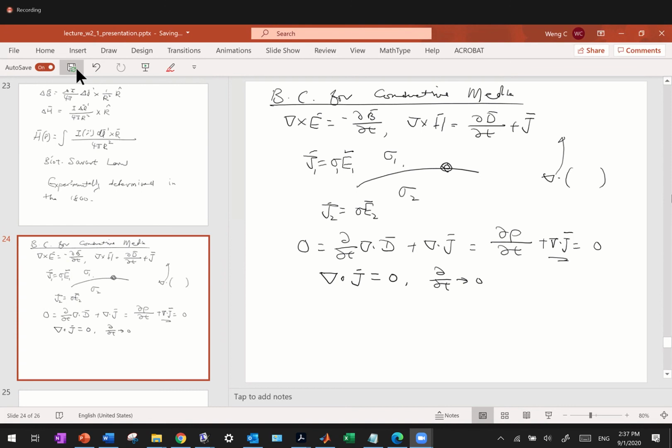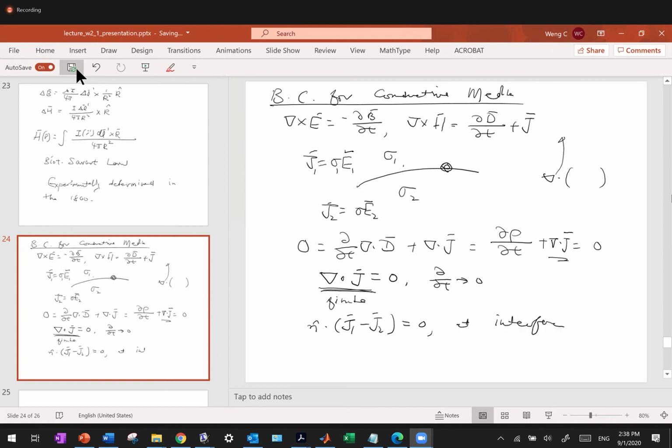Then again, you can use the argument that because you don't have any charges at the interface, this has to be a continuous function. This has to be finite. Because this has to be finite, it implies that n dot J1 minus J2 must be 0 at the interface.